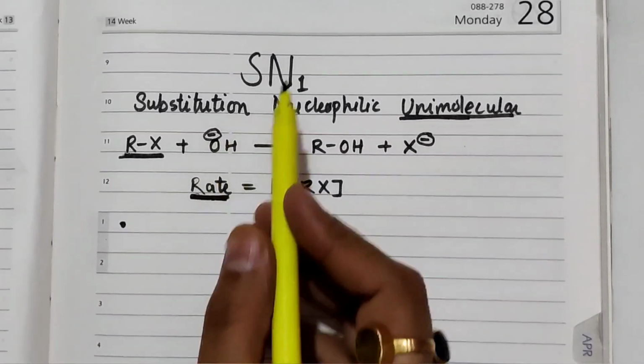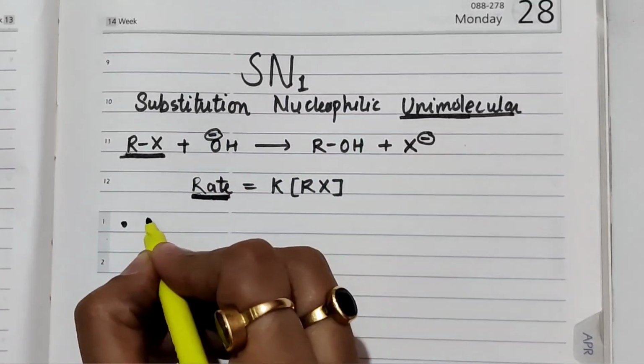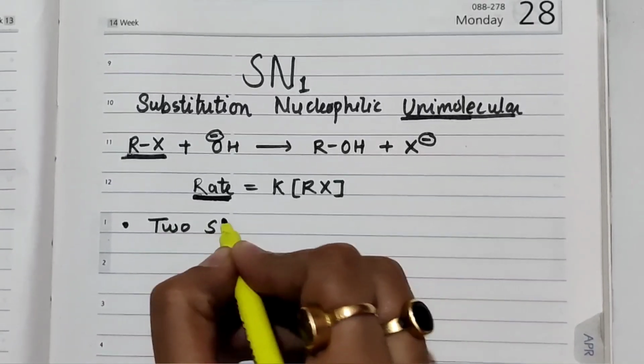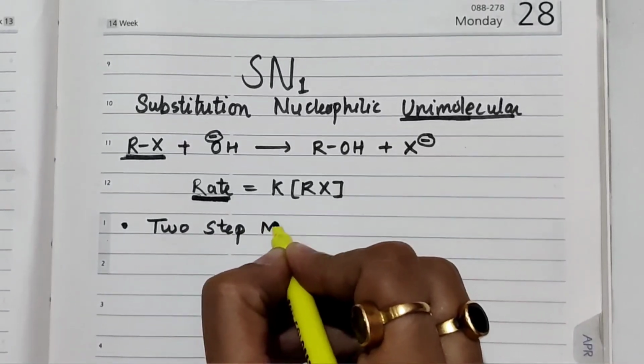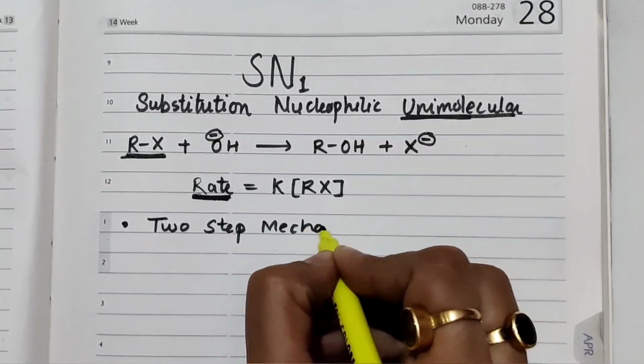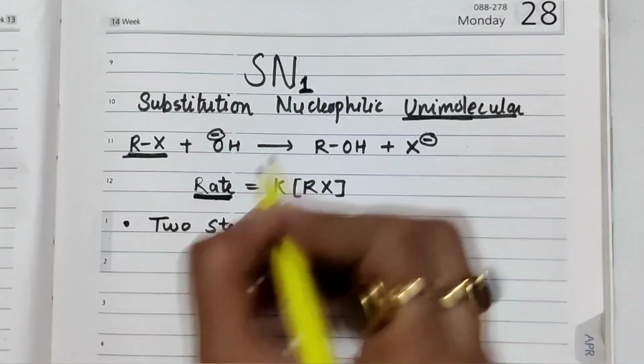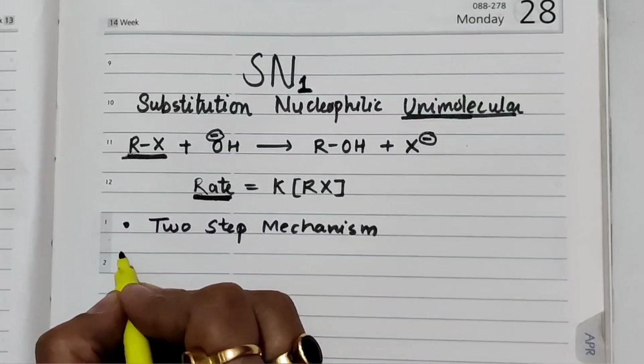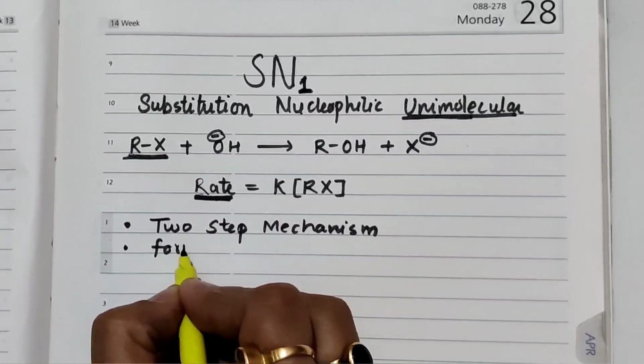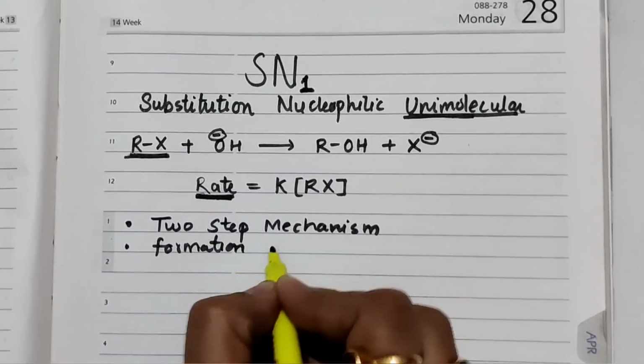The next important feature of the SN1 mechanism is that it is a two-step mechanism. It is just a trick to learn that SN1 includes two steps. The first step is the formation of carbocation.